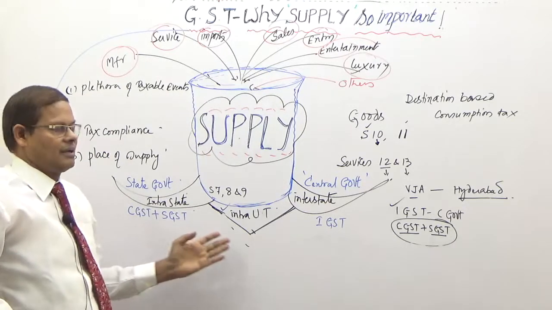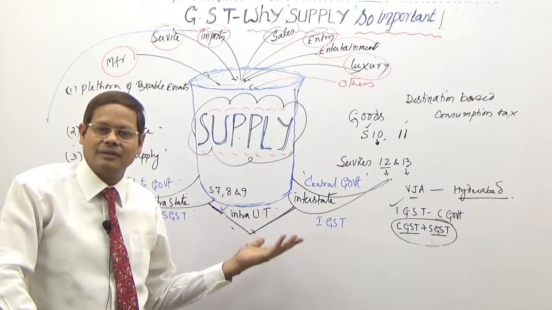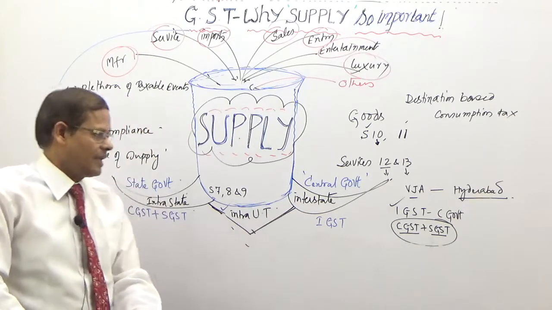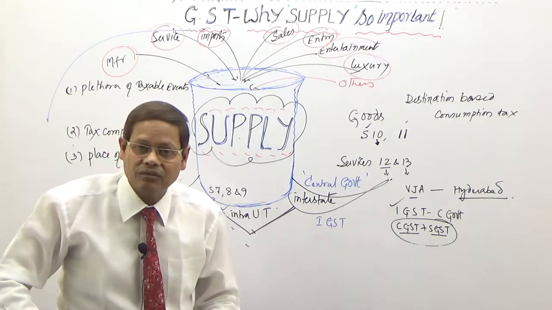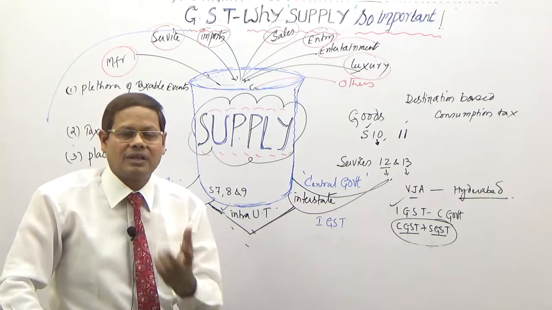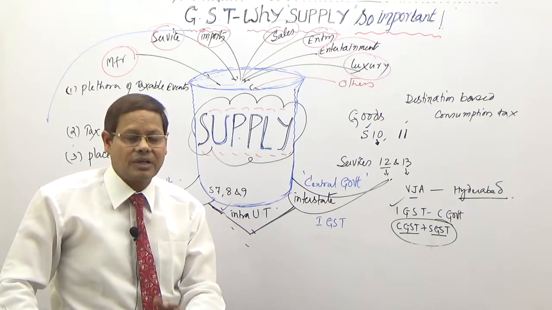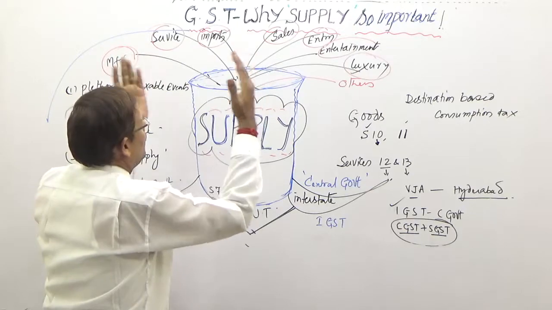Plus place of supply, where it happened, to find out which tax you have to pay, and when it happened. So, the timing for the tax liability, levy, and consequently the payment of tax. So, for all these things, supply is all important.